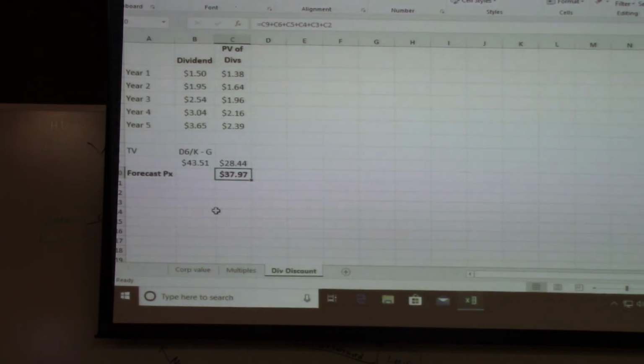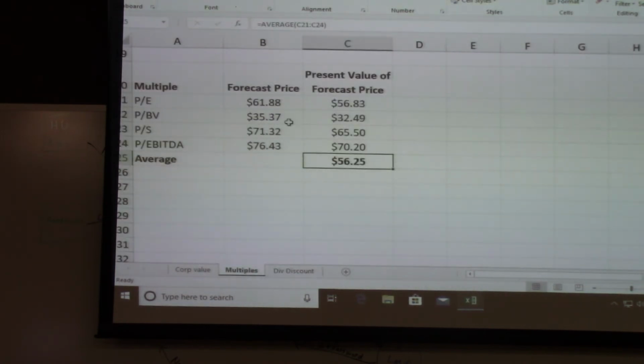So they're valuing their company at $1 billion, which would be 2 times sales. Let's look at that. Sales, 500 million, 2 times 2004 sales.